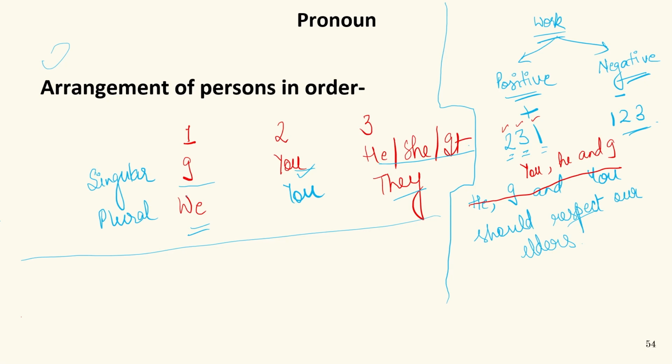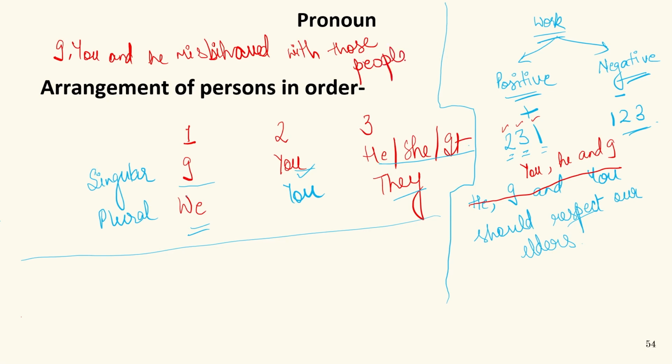For example, here I'm writing one more sentence: I, you, and he misbehaved with those people. Now, this is the sentence.